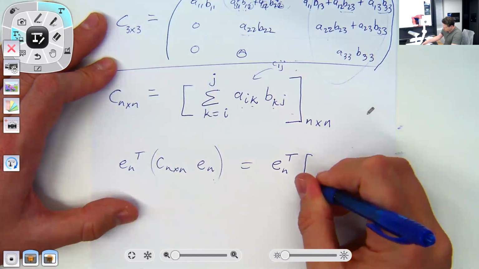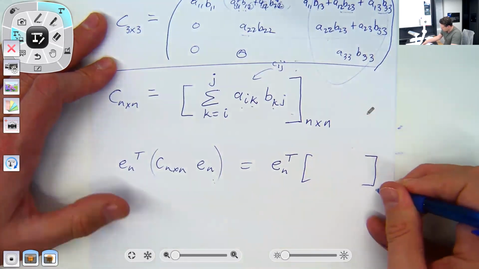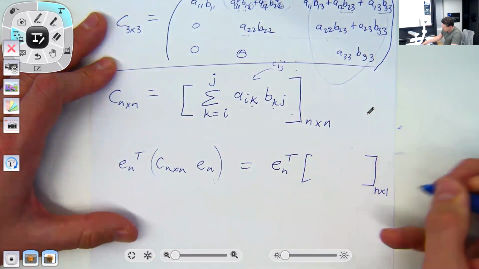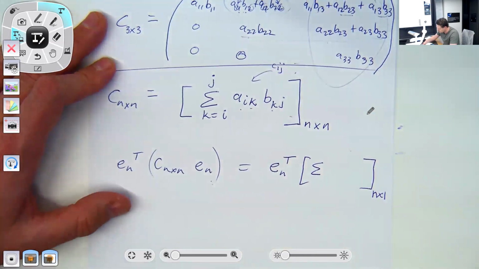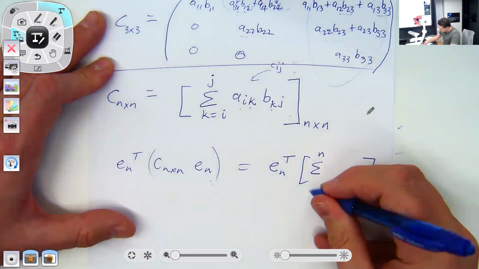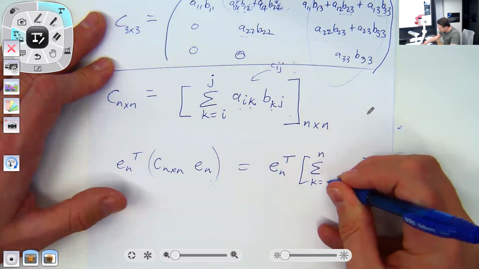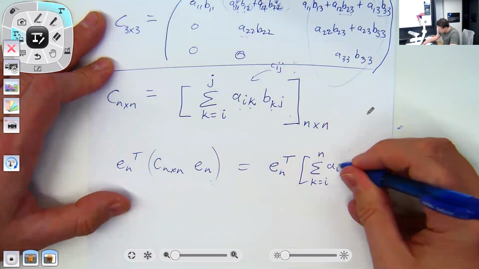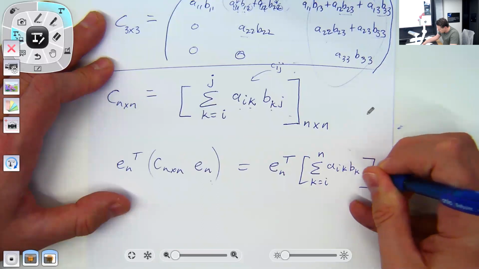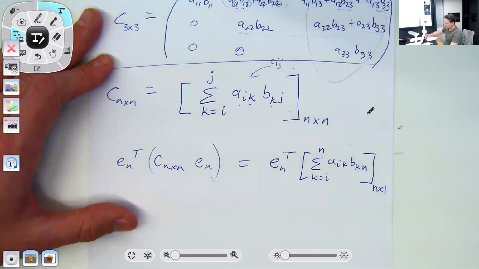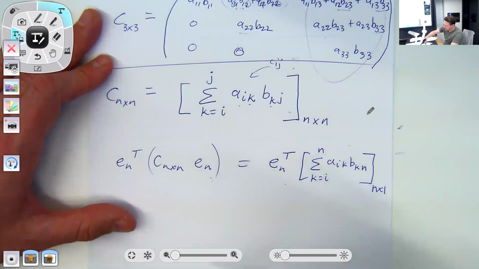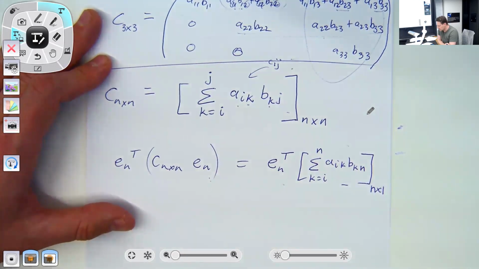Okay, so this is just the last column of this. And so I'll just rewrite that, except this will be n by 1. And then we'll have to modify this a little bit to reflect that it's just the last column. So the j now is equal to n. We're still starting with I, Aik, Bkn. Okay, now this one was zeros until you get to 1, all right? So if we multiply this by this column matrix here, well, it just takes the last row of it, right?